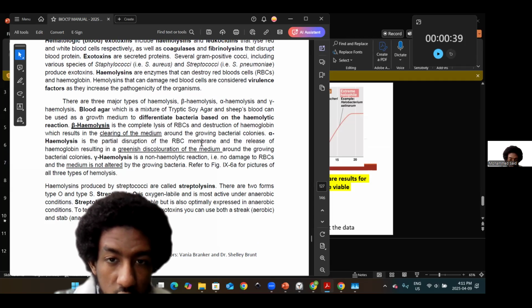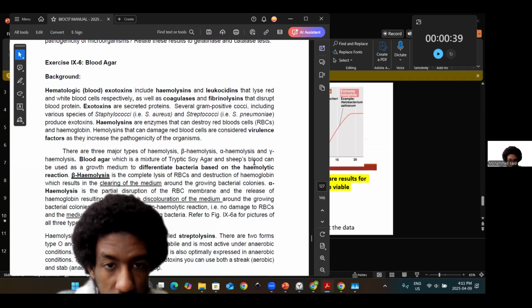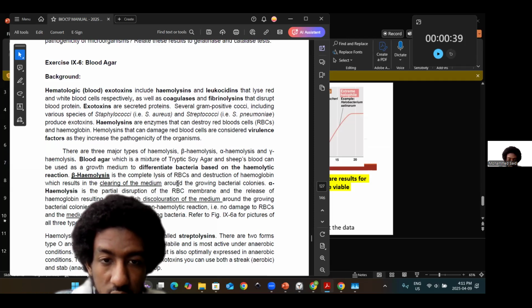But clearly what you can appreciate is that for other components, and actually I want to note, yes, this is where it's mentioned. So the tryptic soy agar and the sheep's blood, essentially sheep's blood with the RBCs, the tryptic soy agar helps to also exhibit that change in clearing. So that way you know if it's a full clearing, that's beta hemolysis, and that's a full lysis.